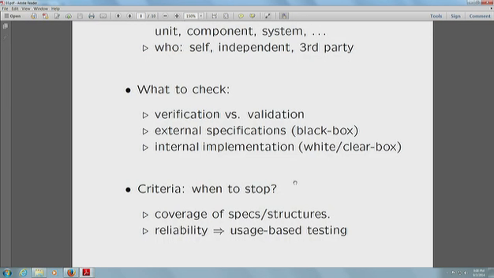And so testing serves the purpose of both verification and validation. Okay, and from the defect point of view, it helps us locate, discover, and observe the failures, locate the fault, and as a result of testing, we can remove the fault.